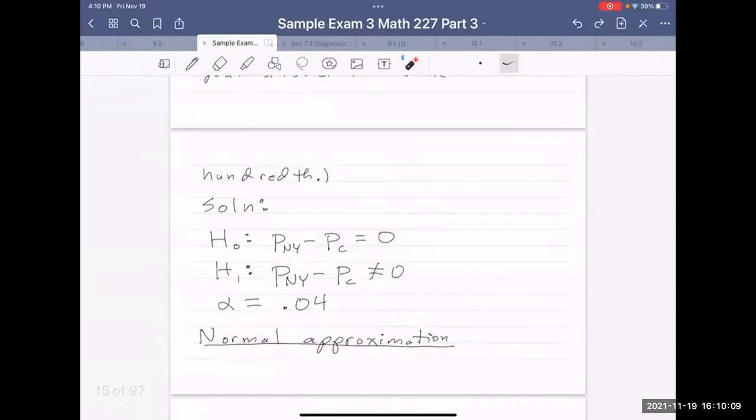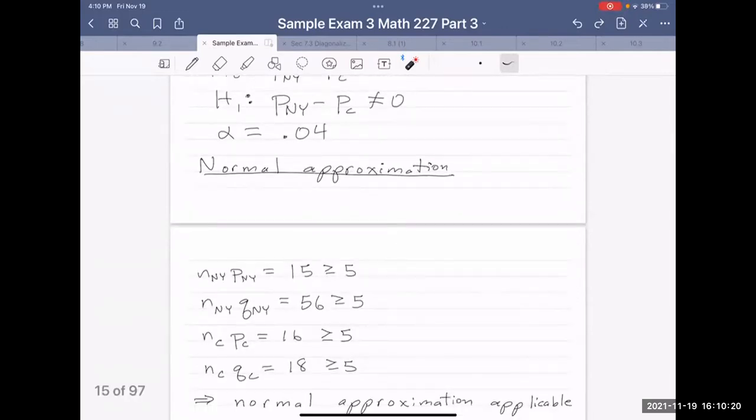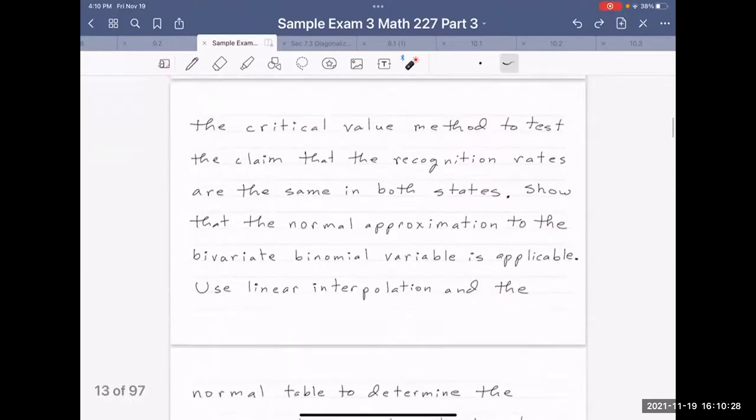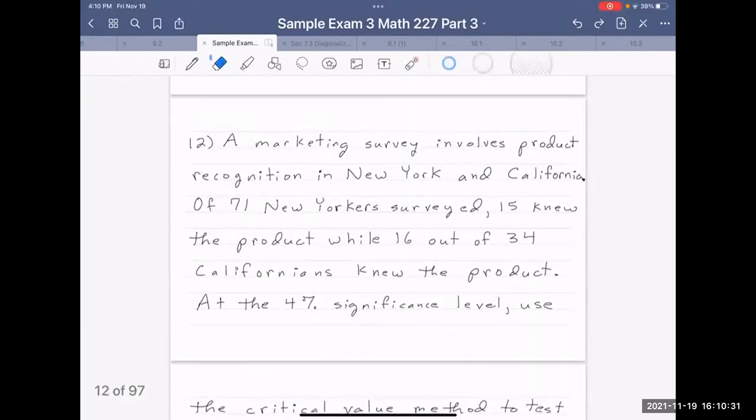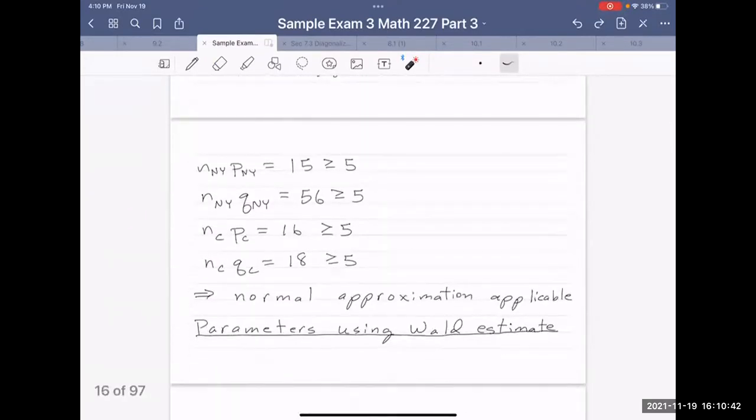Let us show that the normal approximation to these bivariate binomial variables is applicable. And so let's look at n times p. For New York, it's 15, and for California, it's 16. And so n times p is 15 for New York. N times p is 16 for California.